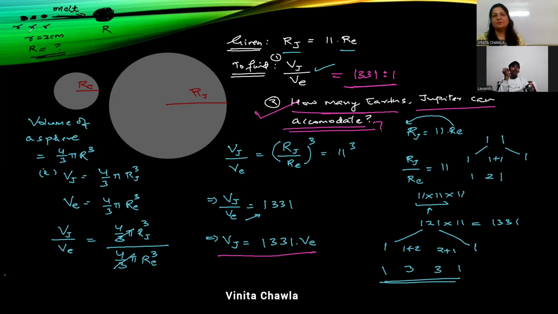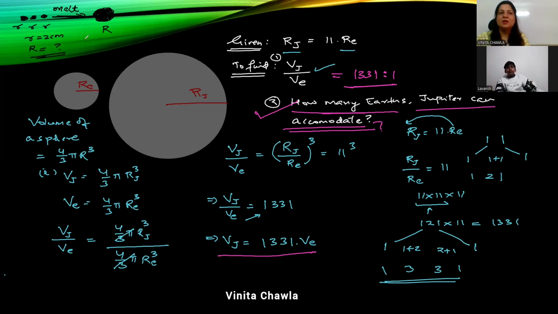If you are melting something, reforming it and giving it a new shape, then which quantity remains the same? Volume. Volume remains the same.